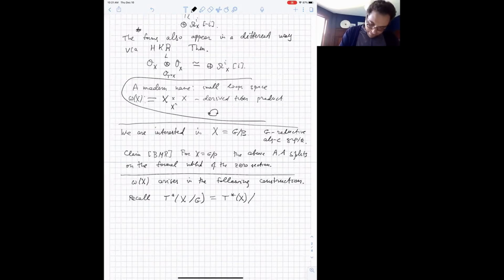This is the Hamiltonian reduction: mu inverse of 0, where mu is the moment map, modulo G. It is definitely true in a good quotient situation, when X is the total space of a G bundle over the quotient, and in a more general situation, if you think of the quotient as a stack, then this should be considered more or less as a definition, where again, when you take the moment value, you should do it in the derived geometry framework.